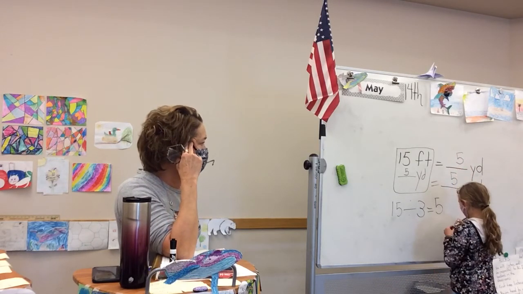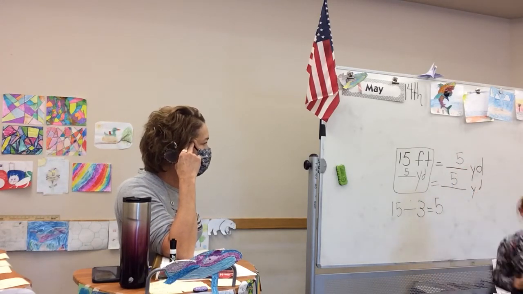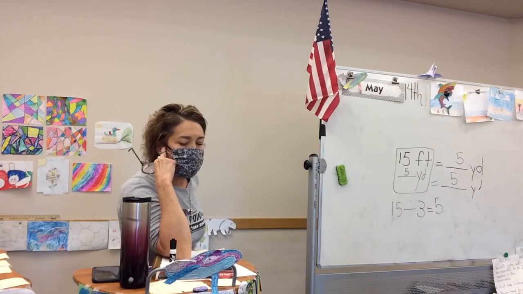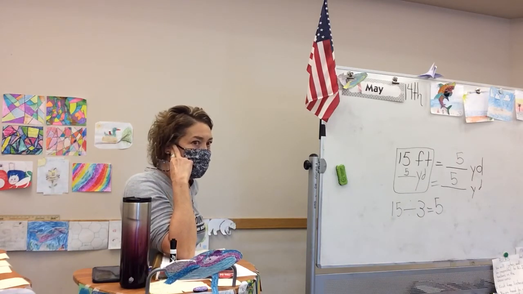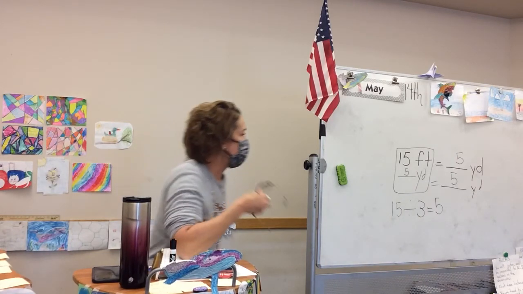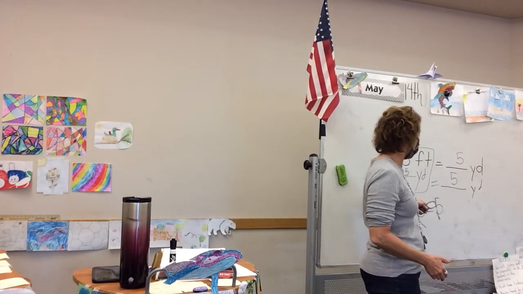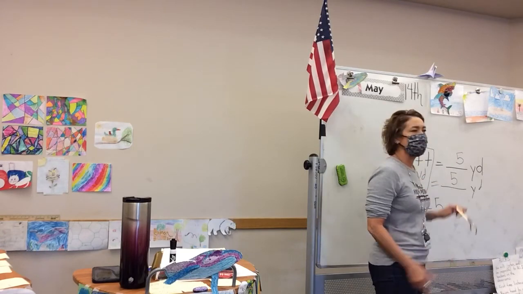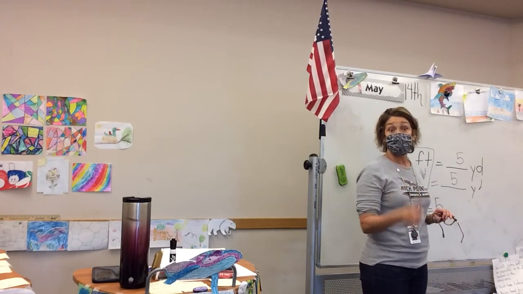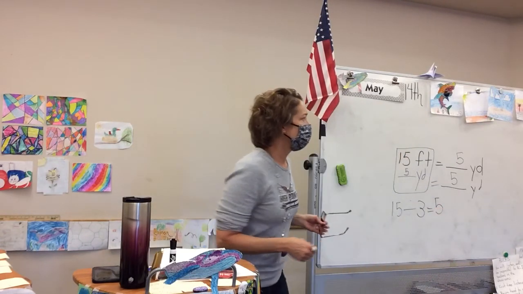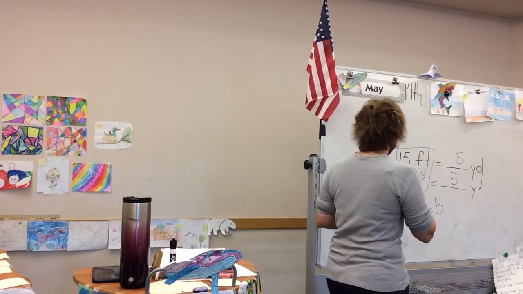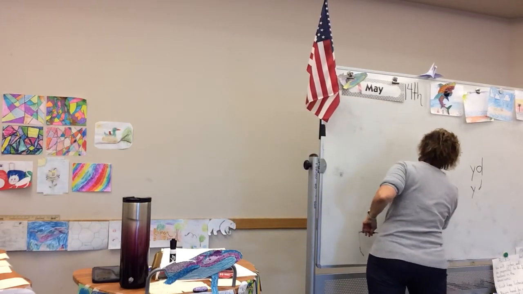So she has discerned how many feet are in a yard, Tessa? 3. So then she did the division problem in the box, which is 15 divided by 3 equals 5. And 5 is your answer. Nice job. Let's do one more. We said we'd stop at 11, but we have time for one more.